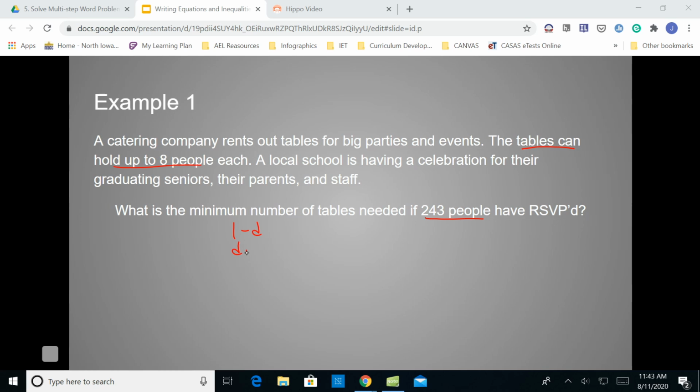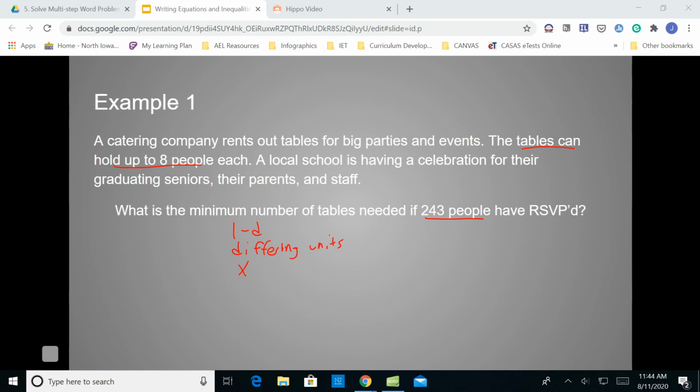I have differing units, so I know that I'll be multiplying. A while back, I'd mentioned that we are going to set up all of these problems as if we're multiplying fractions or ratios.